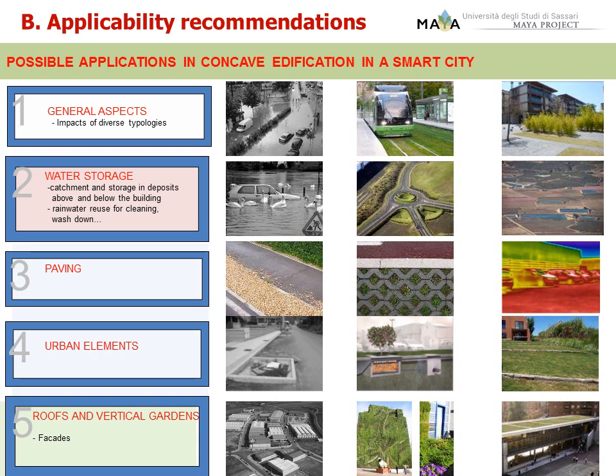Regarding applicability recommendations and possible applications for concave edification in a smart city, it is important to take into consideration the general aspects: the water storage in the city, the paving, the urban elements, roofs and vertical gardens. There are some slides as examples of each chapter.